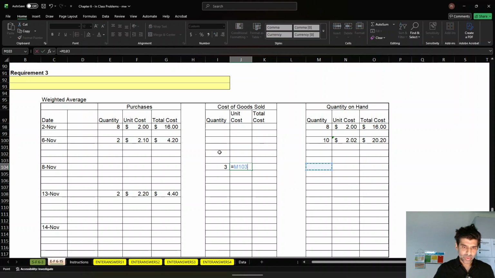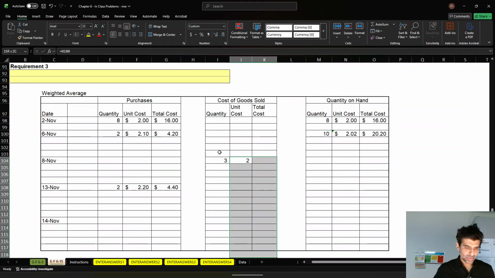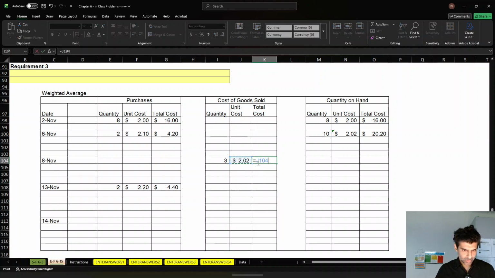All I do is use this weighted average cost for my cost of goods sold. And then I started with 10 units. I sold 3, so I have 7 left. I just use this, same thing.